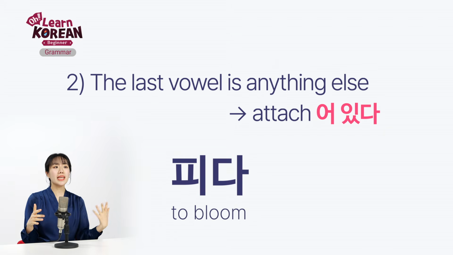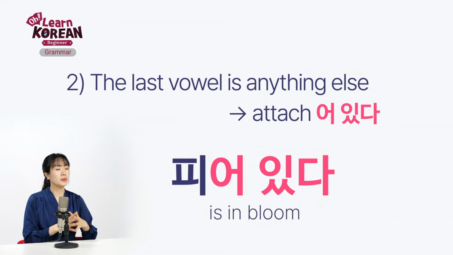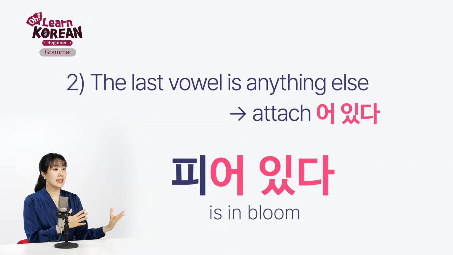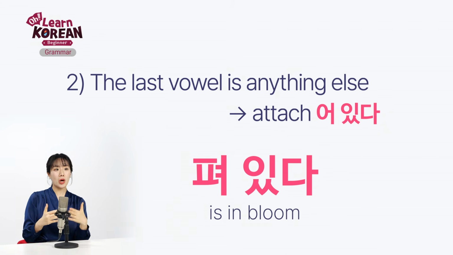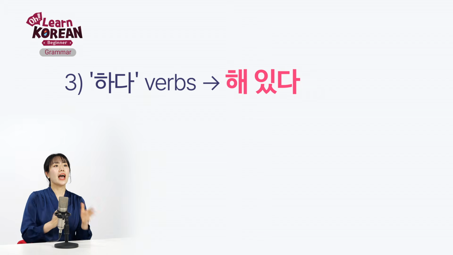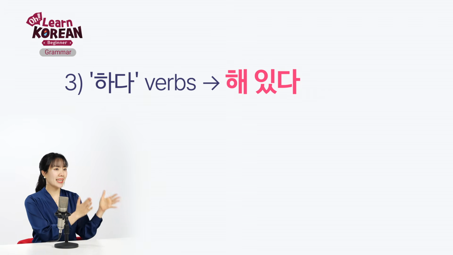To bloom, 피다, is in bloom. 피어 있다. Here also, 피 plus 어 있다. These also often combine. So you can say 펴 있다, though 피어 있다 is also used. For 하다 verbs, just change it to 해 있다.